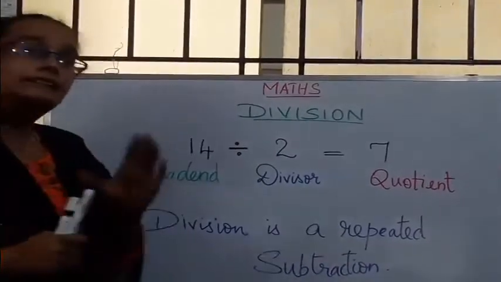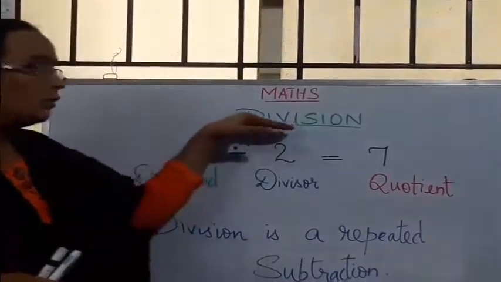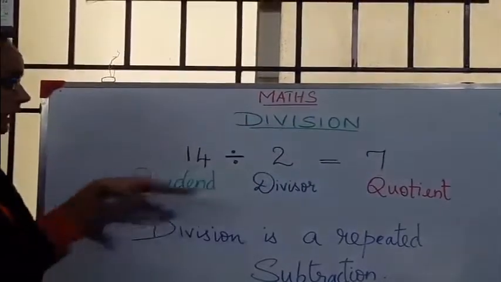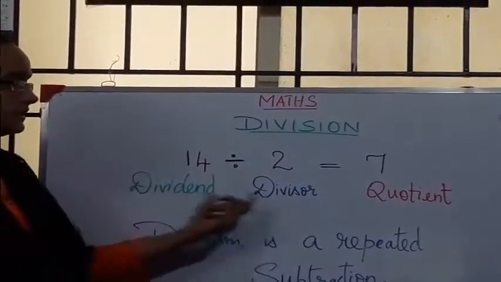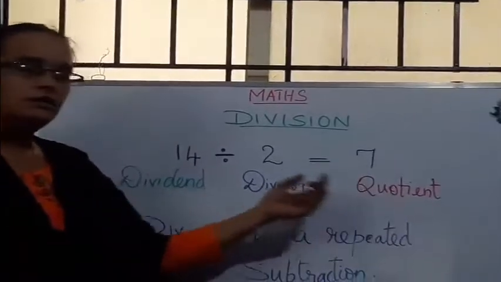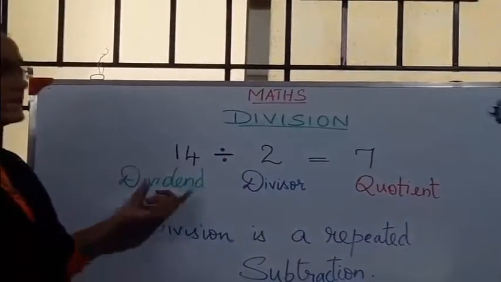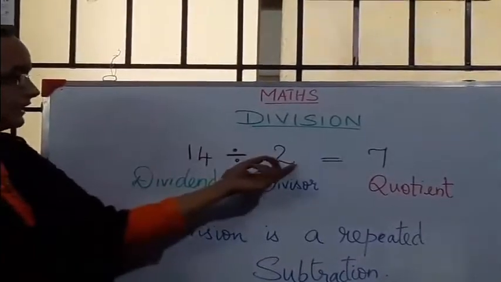That is division. And the terms you have to know in division are dividend, divisor, quotient. Dividend means this is the number which is divided by 2, right?